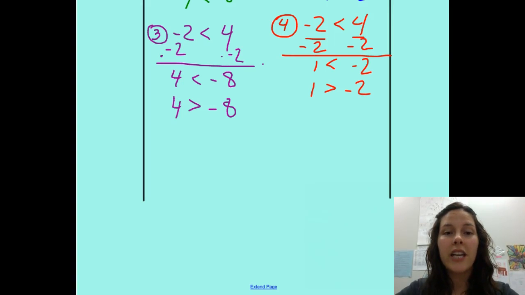So again, to recap what we just learned in our investigation, if we multiply or divide an inequality by a negative, we need to flip the inequality symbol to keep it a true statement. Anything else that we do to an inequality, adding, subtracting, or multiplying or dividing by a positive, the inequality symbol stays the way it is.